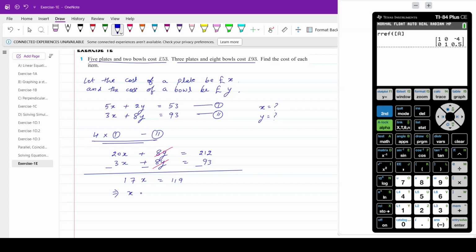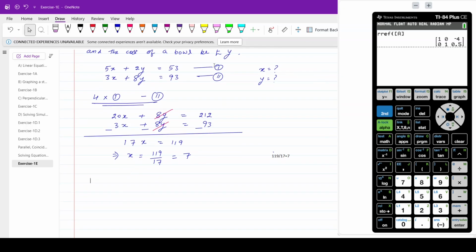If we solve for x, we will get 119 divided by 17, and that will be 7. So the value of x is 7.